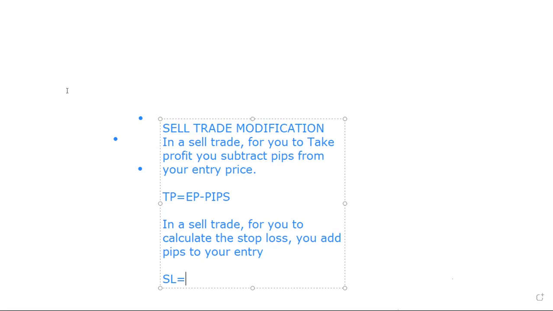If it does not reduce, you will not make profit here also. So that's why we are saying for it to reduce, meaning you must have subtracted, is it not? Yes. That's why the formula is saying for you to take profit in the sell trade here, your entry price must minus pips, meaning it must reduce so that you make profit.